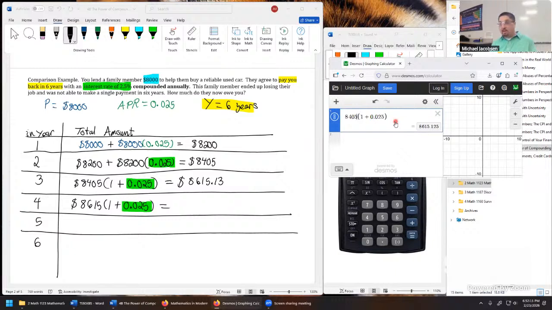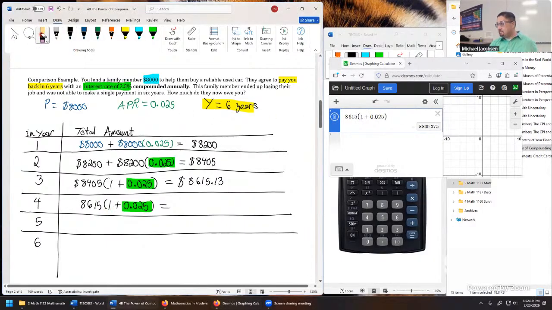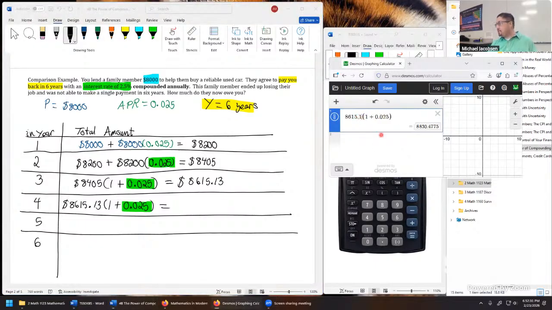We just need to put in the amount. 8,615. Oh, and I forgot the 13 cents. That is important. 8,615.13. Every cent is important in banking and accounting, so we can't leave that off. And now we're up to $8,830.51.